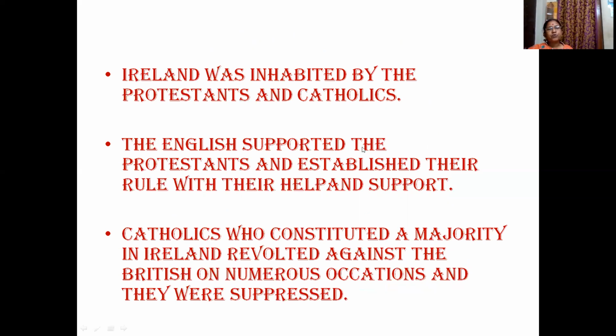The English supported the Protestants and established their rule with the help and support of the Northern Ireland people who were Protestants. Catholics, on the other hand, constituted a majority in Ireland. They revolted against this British entry into the internal politics of Ireland. On numerous occasions they revolted and struggled, but they were suppressed.